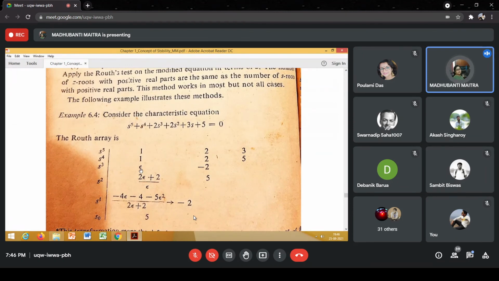So just pen through that 0 and put epsilon beside that. So what we are doing is just substituting a very small positive number, epsilon, in place of 0.